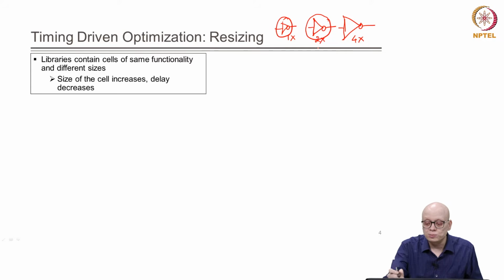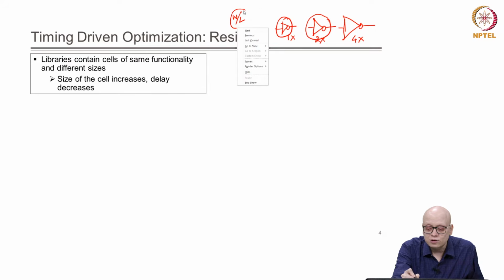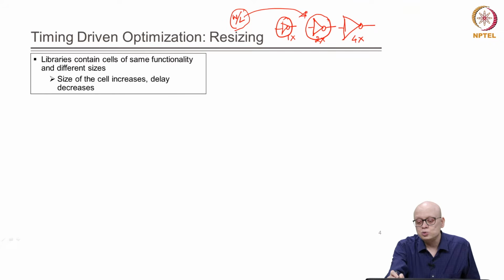So, the W by L, the width, will be larger for the transistors in the 2x implementation compared to 1x, and it will be further larger in 4x. So, the width of the transistor becomes larger. As a result, the size of the cell increases, and the other thing is that the delay decreases.